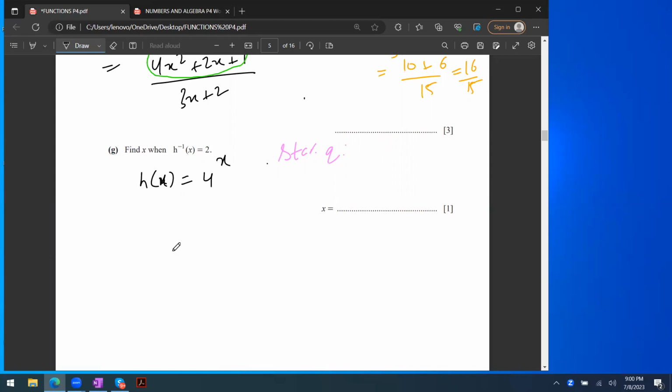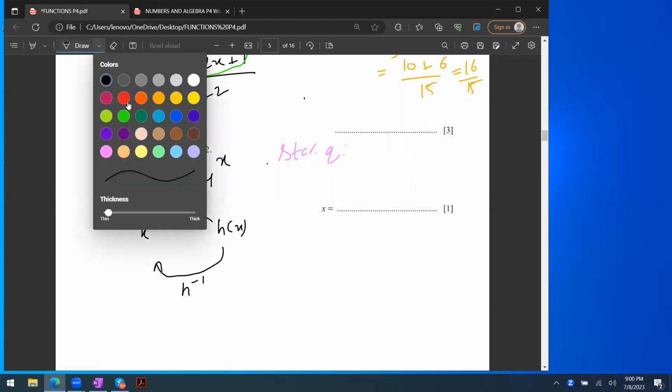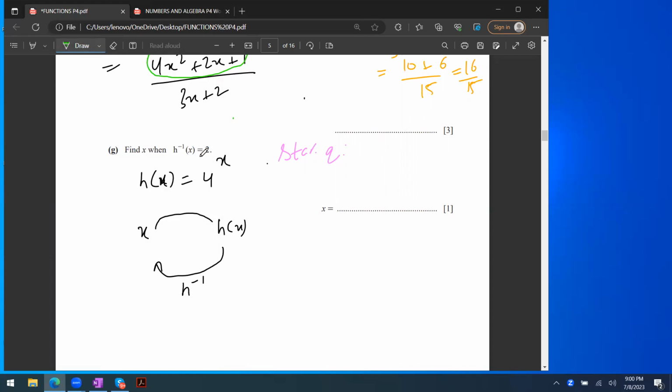Inverse of 2. What does h of x function do? It converts x to h of x value, right? And the inverse function will return it back. Now we have h inverse of x is equal to 2. That means there was a number here in this box.